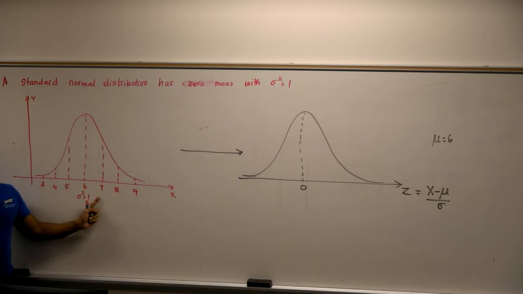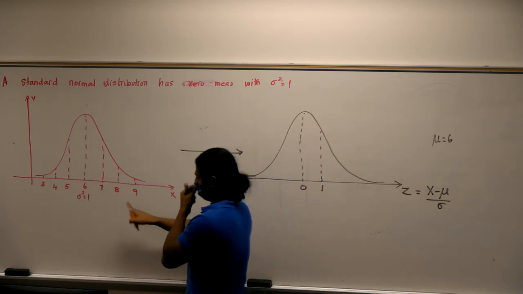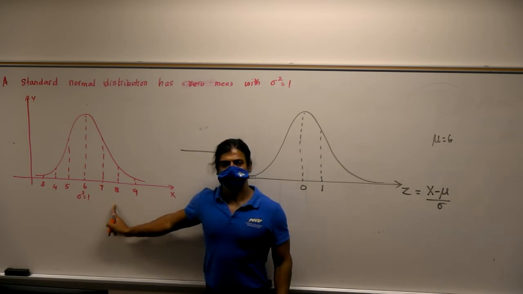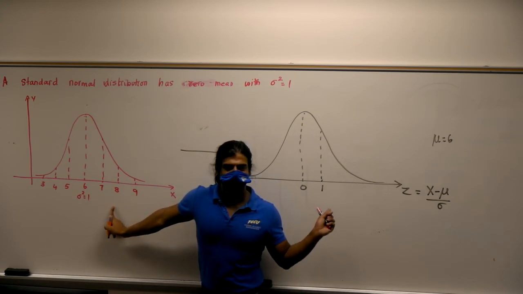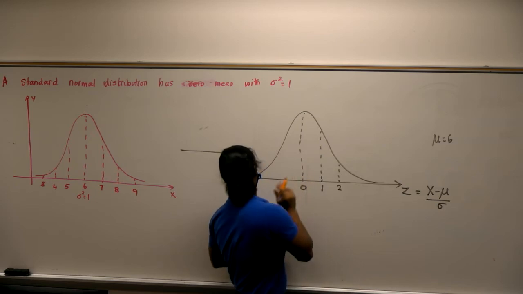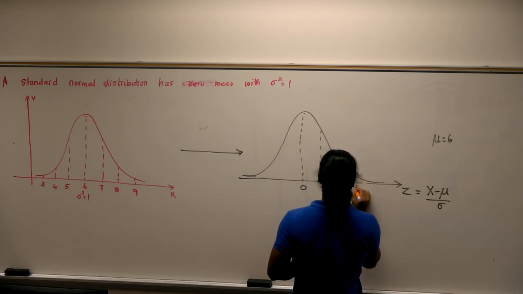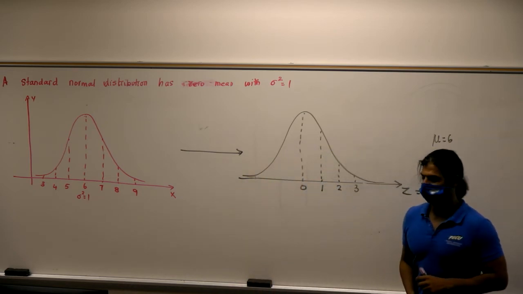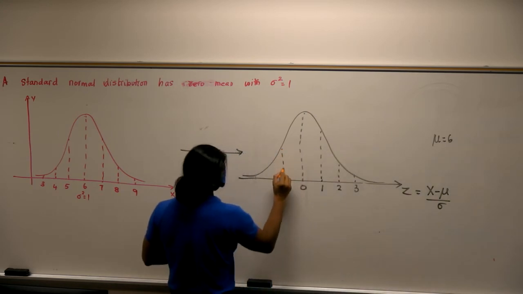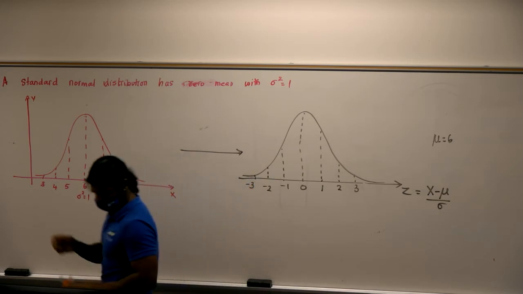What would that number correspond to there? 1. 7 minus 6 divided by 1. How about 8? 2. You need to catch on to this pattern now. I made this very easy. 9. 3. How about that side? Negative 1. Negative 2. Negative 3. Okay.